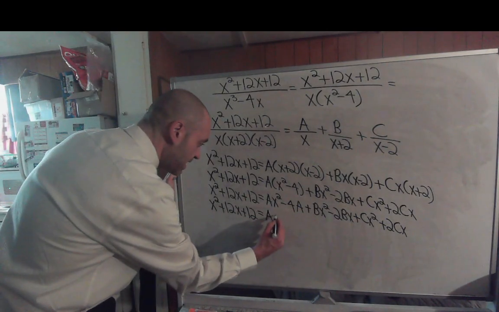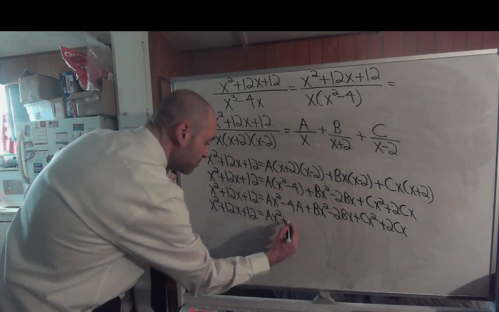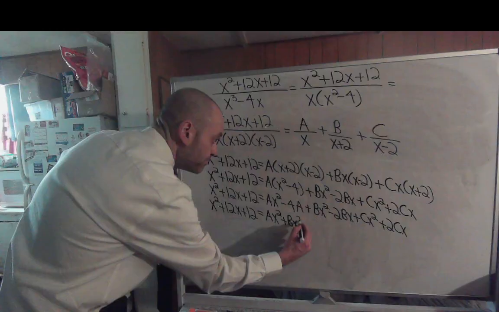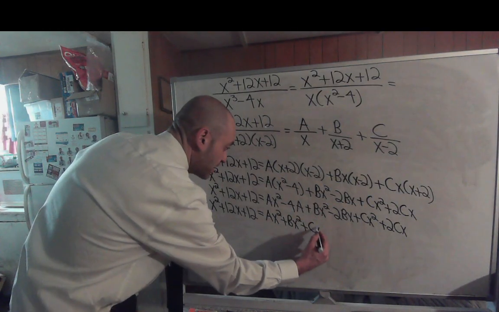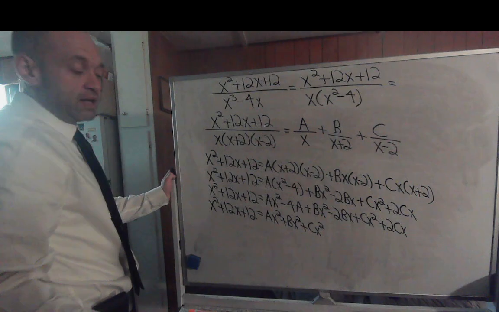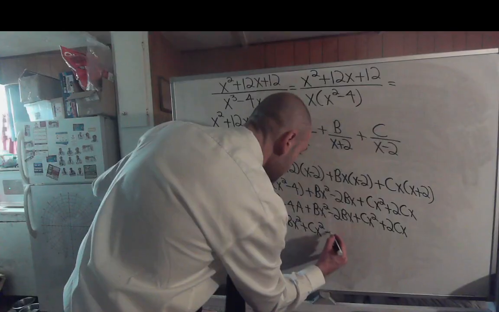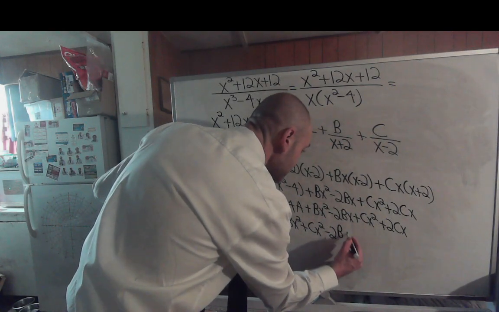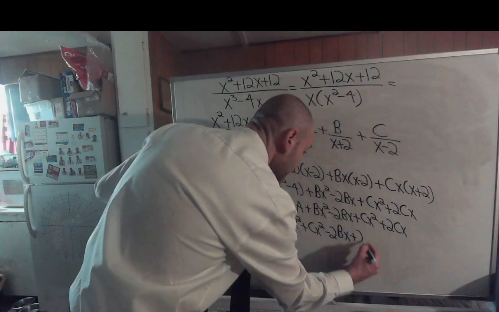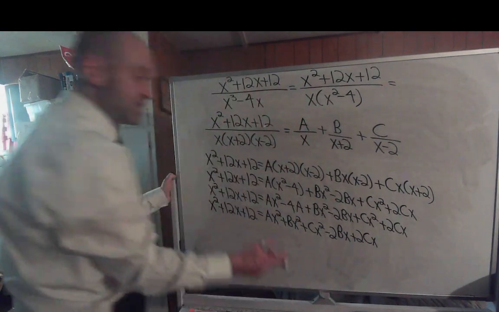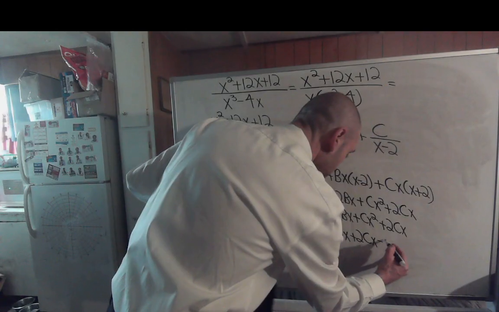That would end up being ax squared plus bx squared plus cx squared. And then now let's deal with the x to the first terms. Then you would end up having minus 2bx plus 2cx. And then you just have a single constant term, which would be minus 4a.